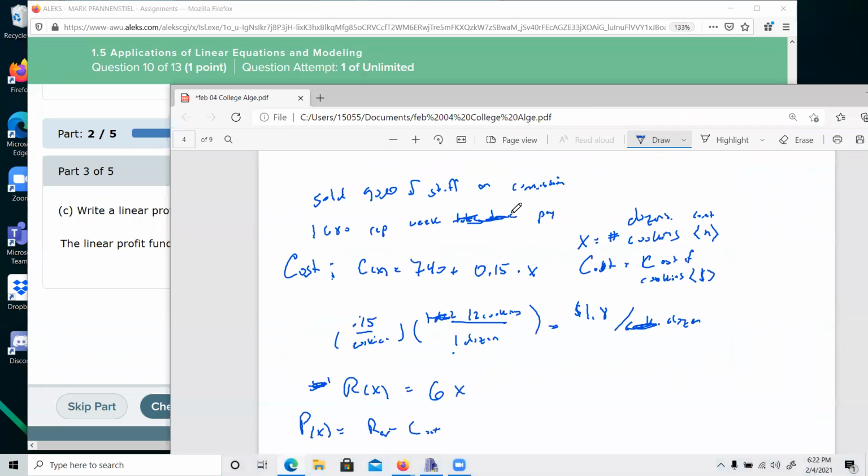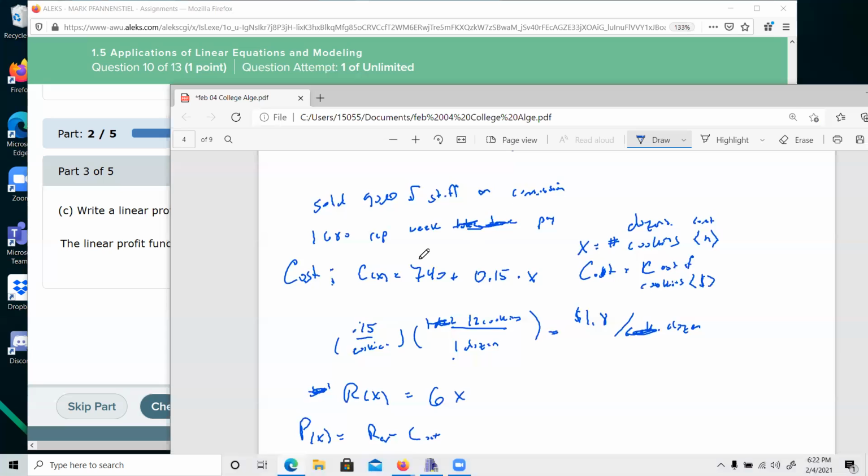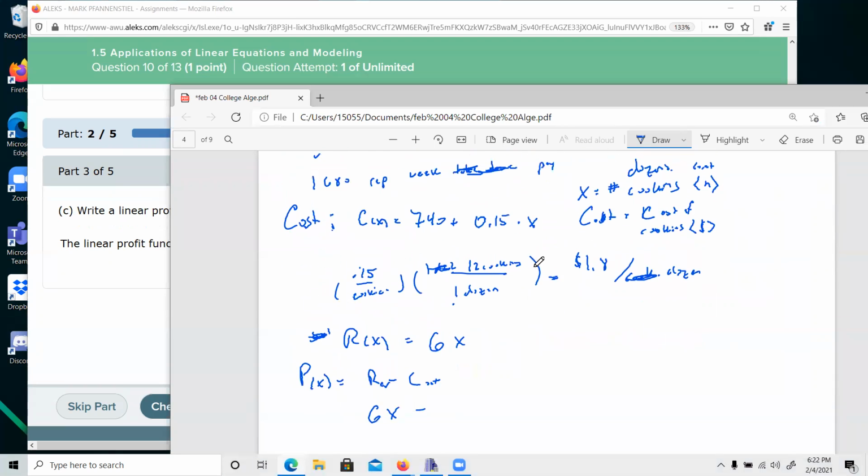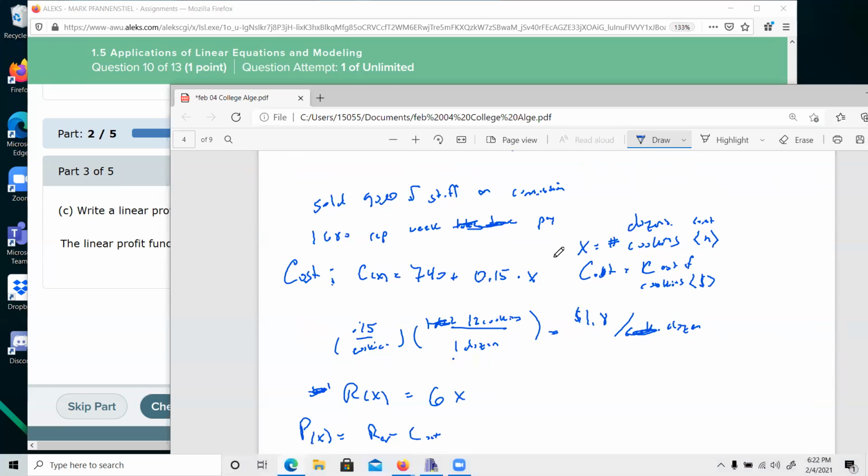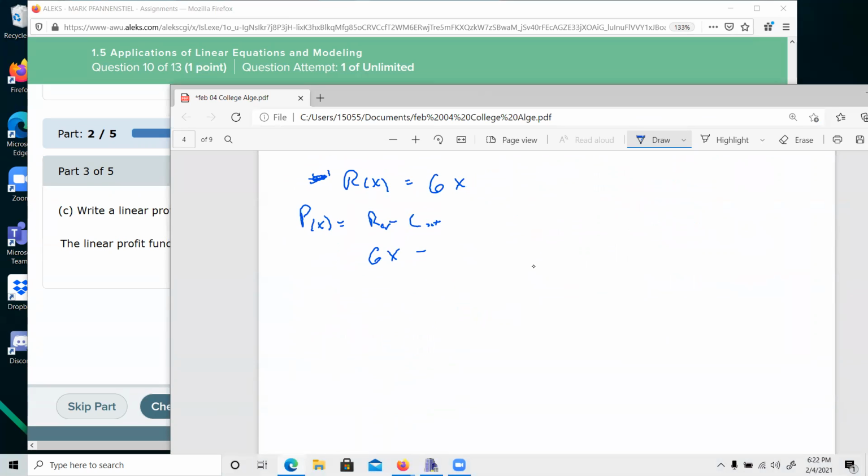We can go back up and look at that cost function if you want. But this is going to be 1.8, so we have 740 plus 1.8. Revenue minus costs.